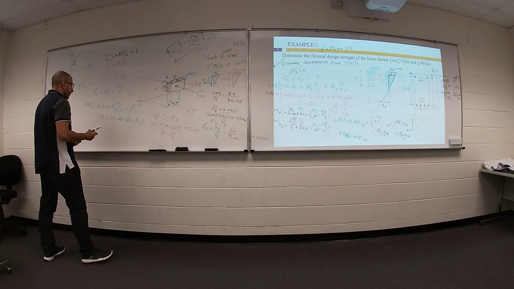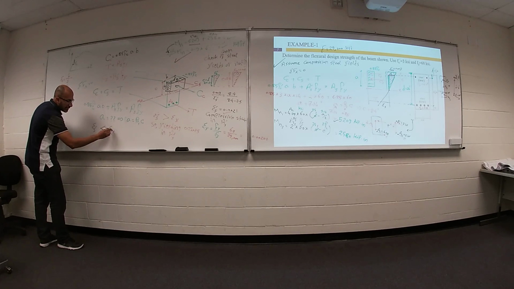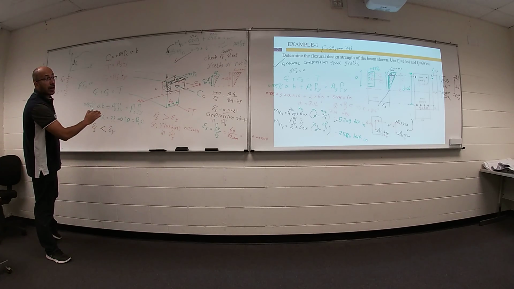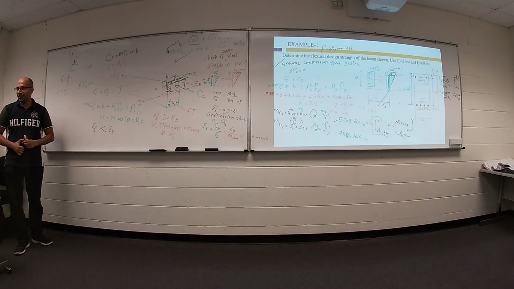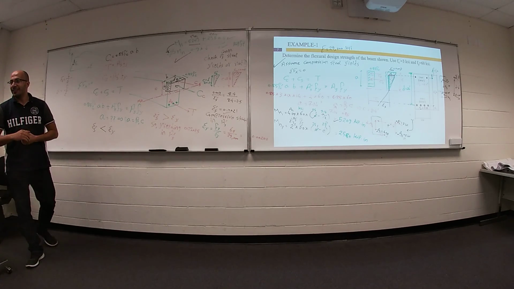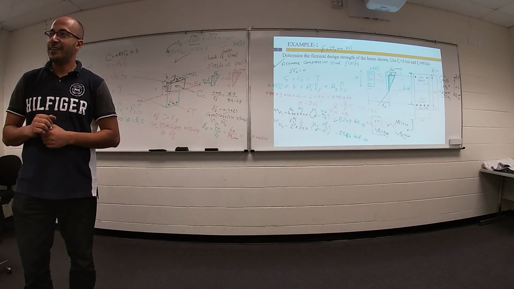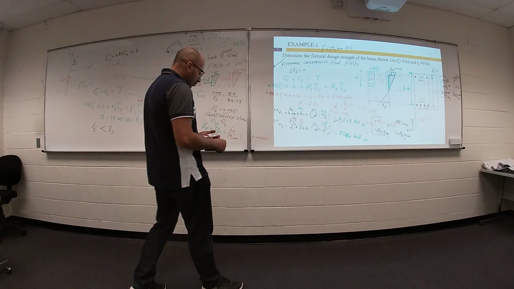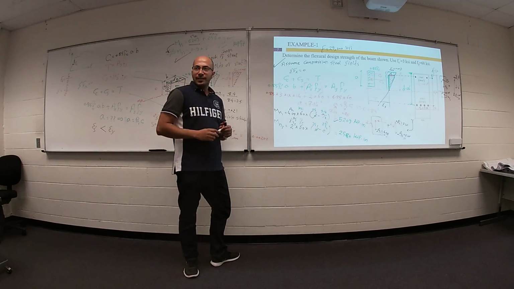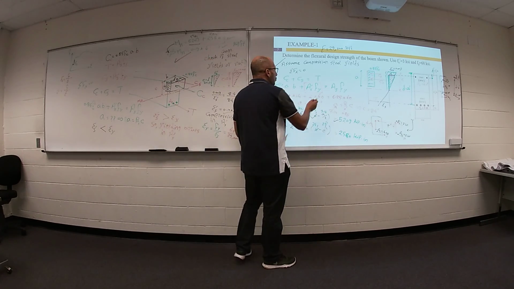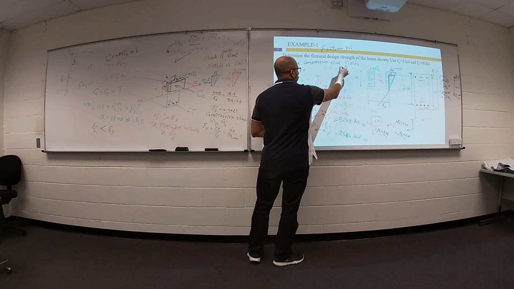What will happen if epsilon steel prime is smaller than epsilon yield? These calculations are not correct. We need to do another calculation. You got what I mean? I have a question, but it's more like general. What does it mean when compression steel yields? Do you know here this term? This term can tell you the force in compression steel.